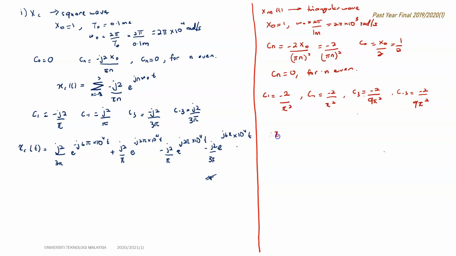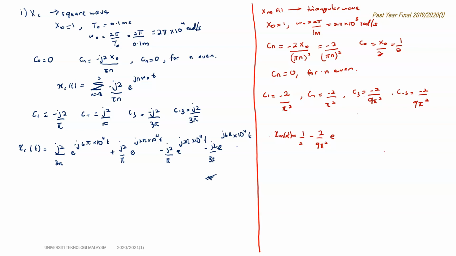So XMT is equal to, don't forget the DC component, which is 1 over 2. So equal to 1 over 2 minus, if you want to take from the smallest one, this is the smallest component, negative 2 divided by 9 pi squared. This one is an exponent, so we have to multiply by exponent jn omega naught t.